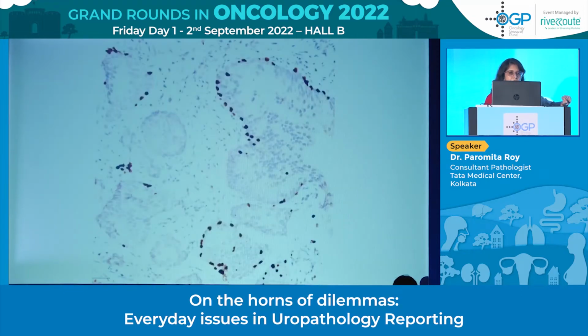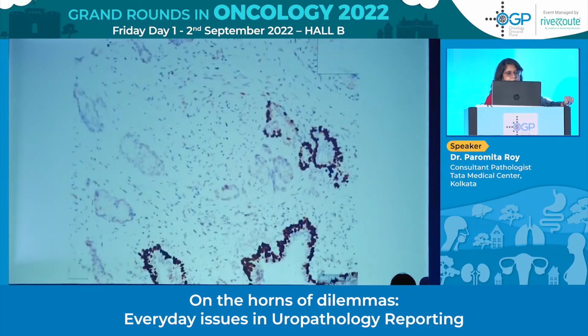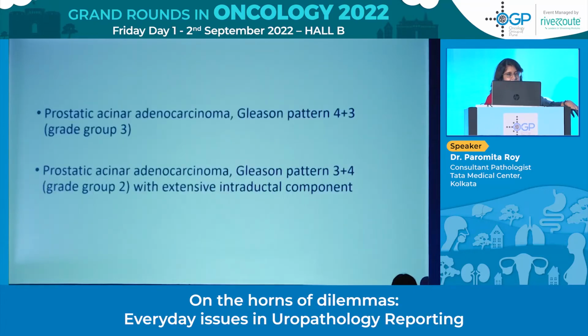So what would your grade be for this case? Anybody? Would you call it PIN, or would you call it intraductal carcinoma, or would you call it adenocarcinoma? And in this focus we see some small glands which have lost P63. So we had a choice between calling it adenocarcinoma 4+3, ignoring the IHC, or ignoring the intraductal component, or we can call it 3+4.